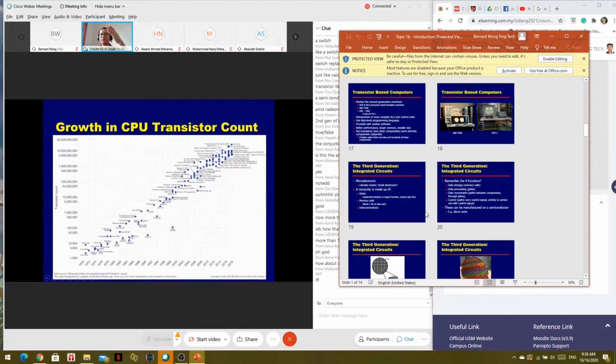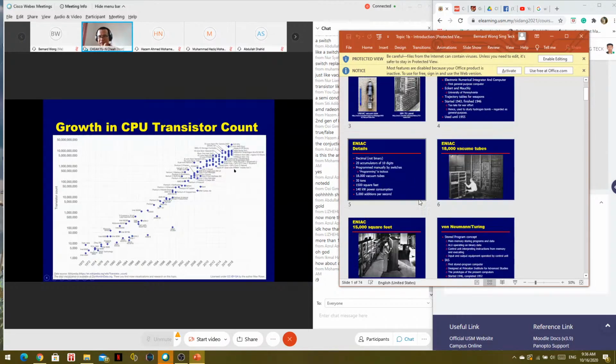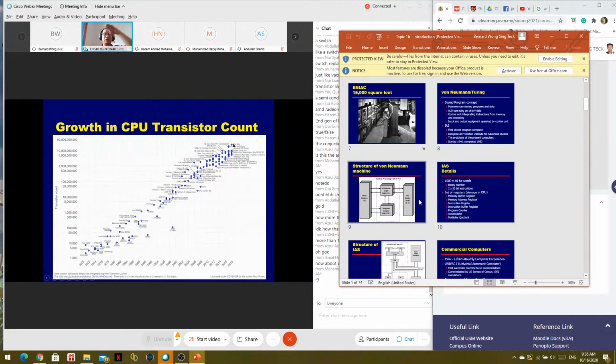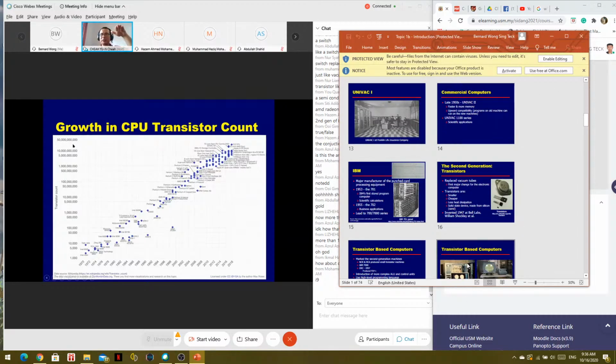You can see which year they belong to, some of them released in 2018, and the number of transistors on that chip.